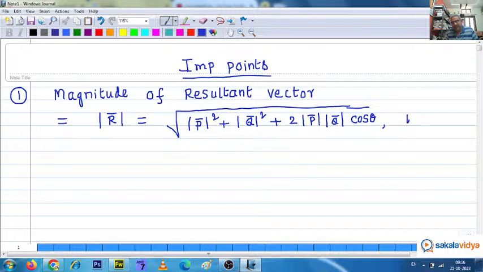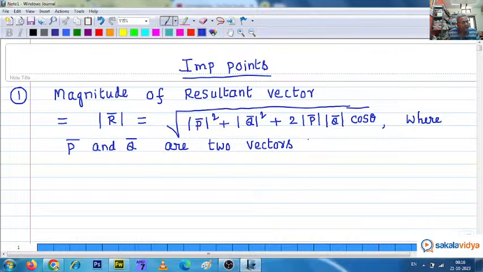Here, let P bar and Q bar be two vectors inclined at an angle of theta, so that means the angle between the two vectors is theta.